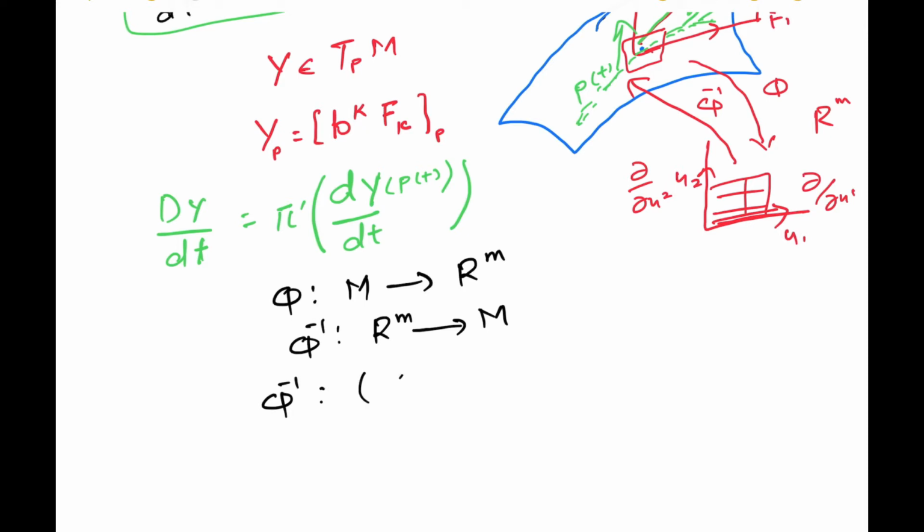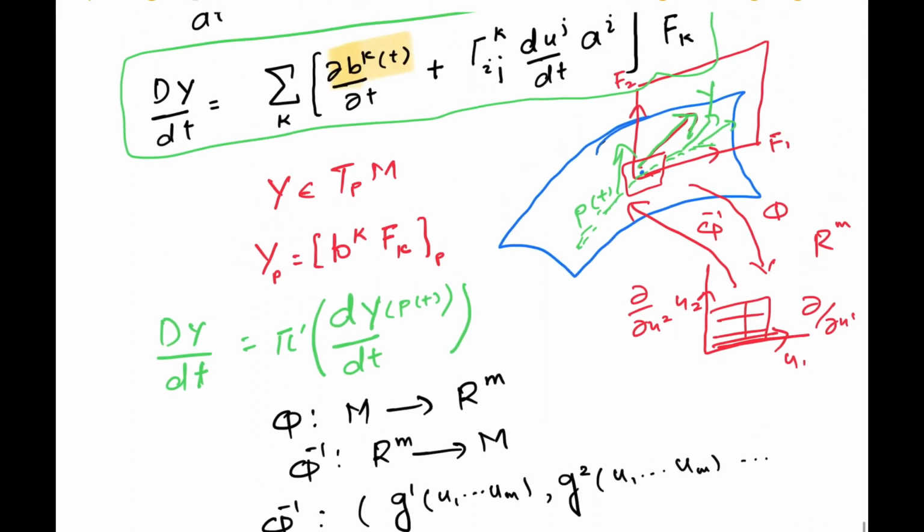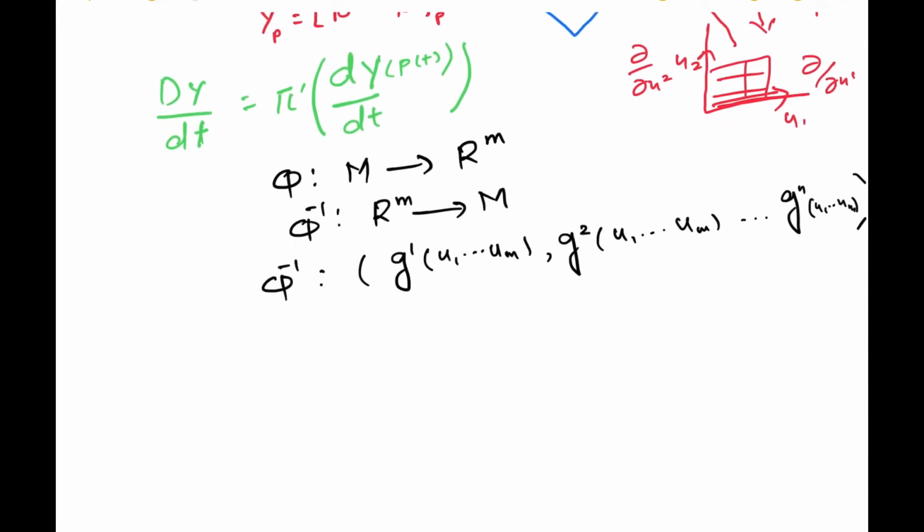It consists of g1, and g1 is a function of u1 to um. Similarly g2 is a function of u1 to um, and similarly up to gn. If this manifold is embedded in Rn, then there will be up to gn. And all of these are functions of these local coordinates.